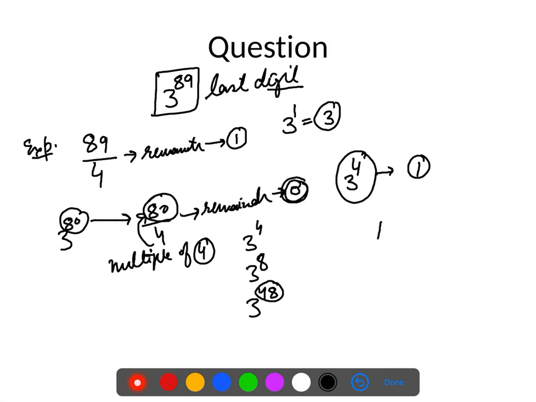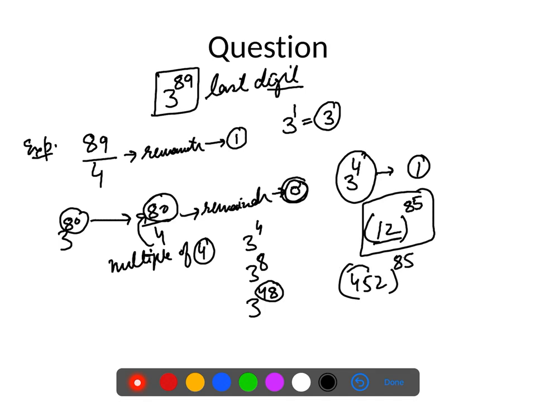Now, we took one example in the previous slide, that was 12 raised to power 85. So what do we do in this case? 12 raised to power 85 or 452 raised to power 85, let's say, the other digits don't matter. What matters is just the last digit. So for 12 raised to power 85, we just need to check for 2 raised to power 85.